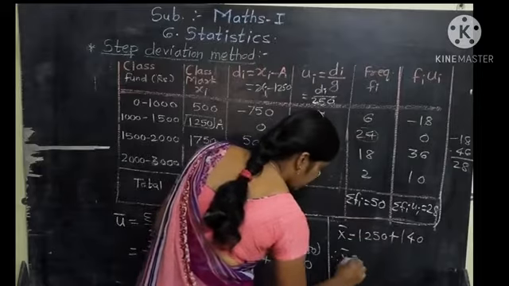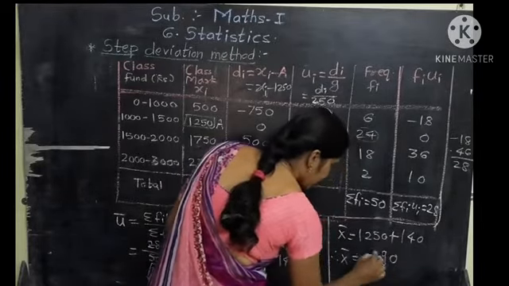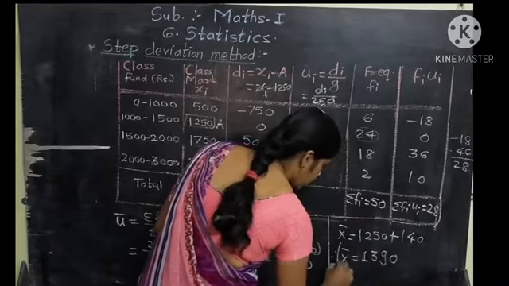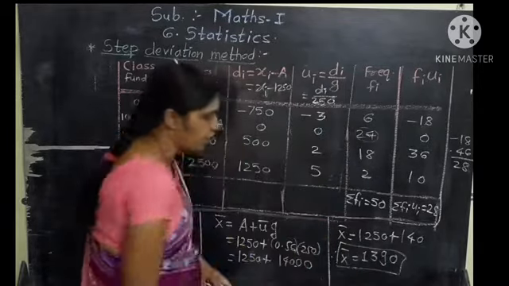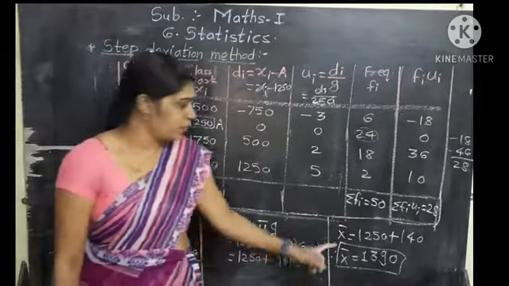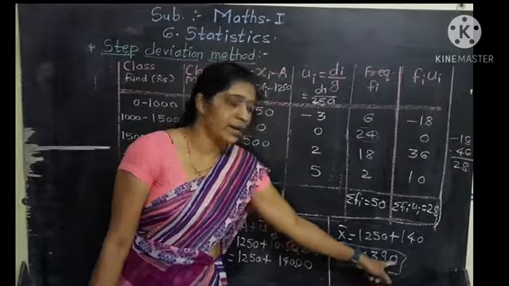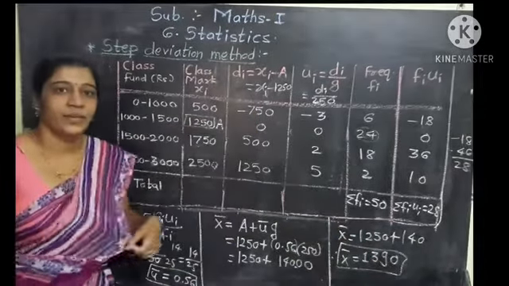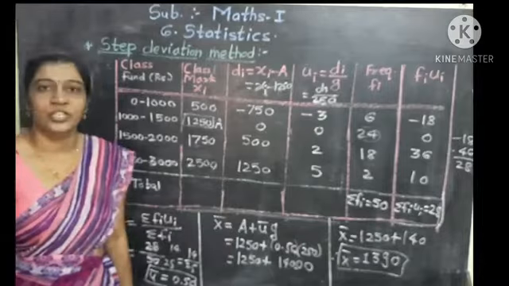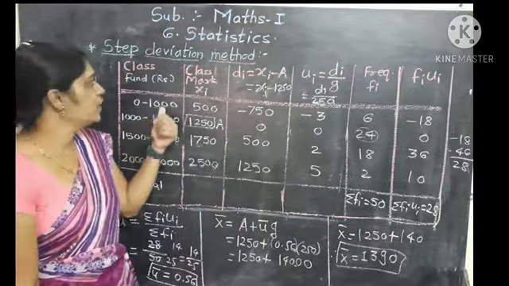Therefore, x bar is equal to 1390. This is our last answer. That is, the average mean of funds is 1390. The average fund collected is 1390 rupees. Okay, students, understand this example.